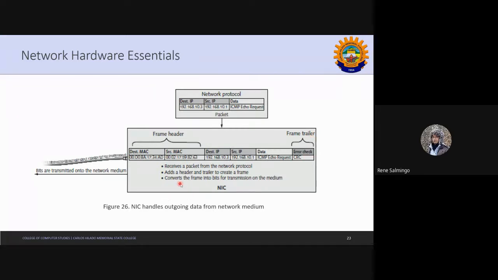And it converts the frame into bits for transmission onto the medium. So these are the bits of information being transferred to the computer. So that's how the network interface card handles incoming and outgoing data from the network medium.